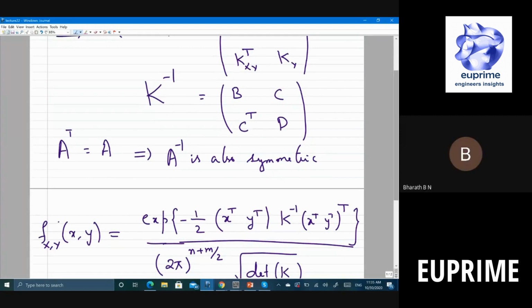Sir, one question not related to this. In the previous lecture, you said that if a matrix is symmetric, is it necessary that it should be positive semi-definite? Not necessary. Symmetric matrices need not be positive semi-definite. And if it is positive semi-definite, then it will be symmetric? Not necessarily either. You can always give a counterexample.